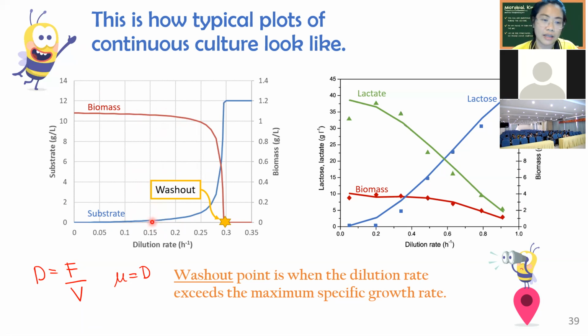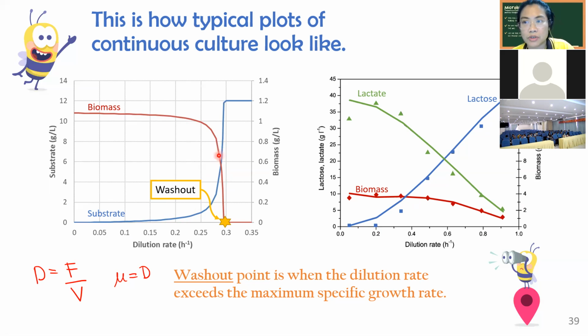The typical curve for the continuous culture profile is that as you increase the dilution rate, the flow rate is more. Of course, you get cells with a higher growth rate, but the concentration of the cells itself decreases and the substrate concentration increases, because the substrate has less time staying in the fermenter.